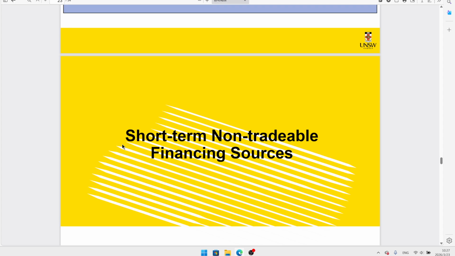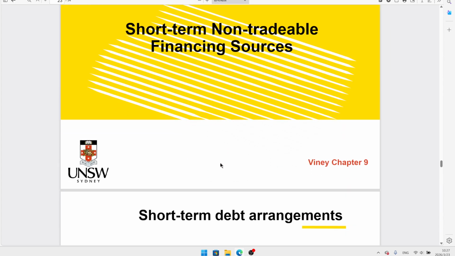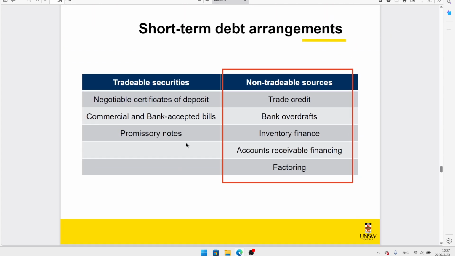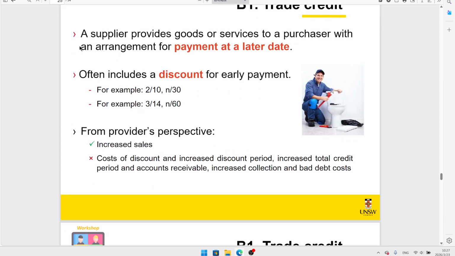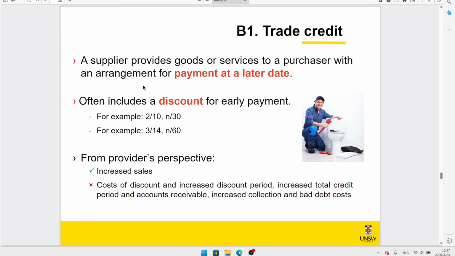Now we'd like to look at the short-term non-tradable financing sources. The first one is trade credit. A supplier provides goods or services to a purchaser with an arrangement for payment at a later date, and offers a discount for early payments.